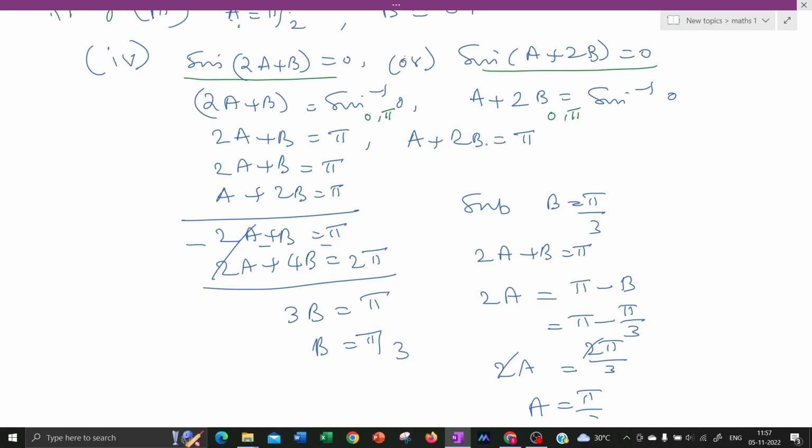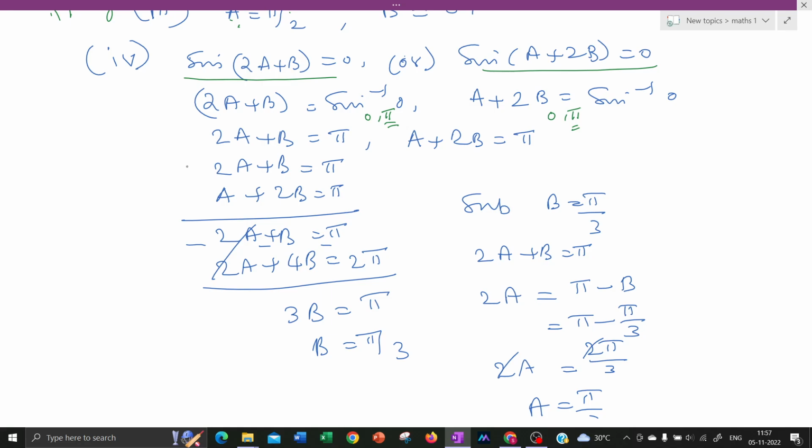If both of them are equal to 0, then we get a equal to 0, b equal to 0. Otherwise, we can go for the next chance. What is the next chance here? Pi and pi. Therefore, we can take 2a + b equal to pi, a + 2b equal to pi.